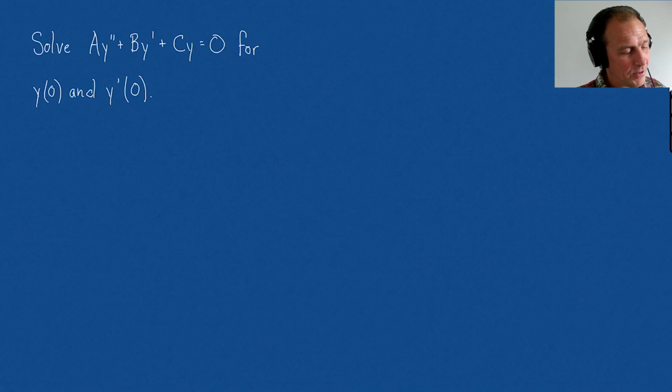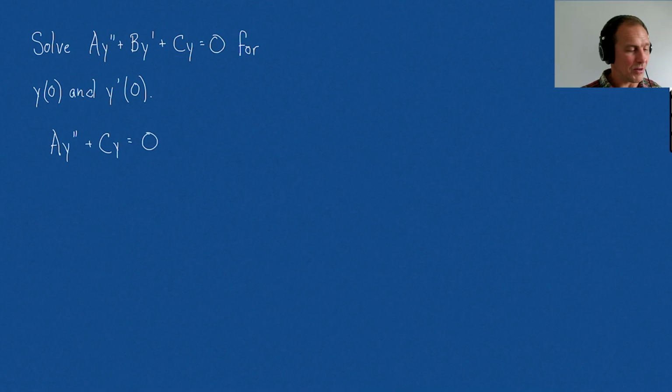Also, remember when we first looked at this, we said we had really the problem of ay double prime plus cy equals 0. And we described this for a being the mass and c being the stiffness of a frictionless environment in which a spring might move.